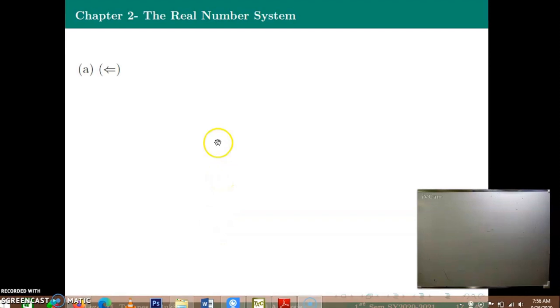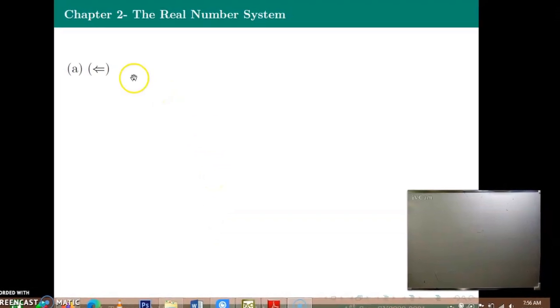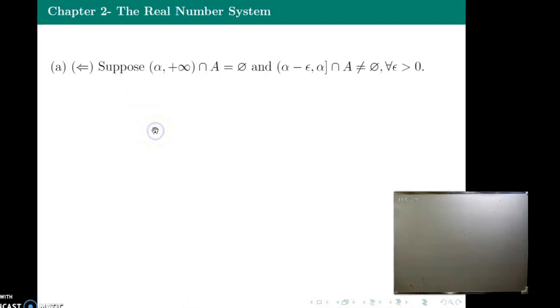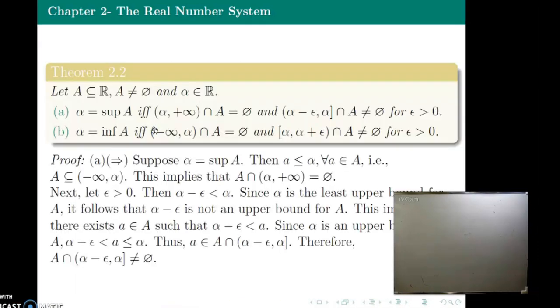Okay, for the continuation of the proof for Theorem 2.2, let us have a recall. This is the statement that we're going to prove. We're done with the necessary statement, so we will prove the other way.